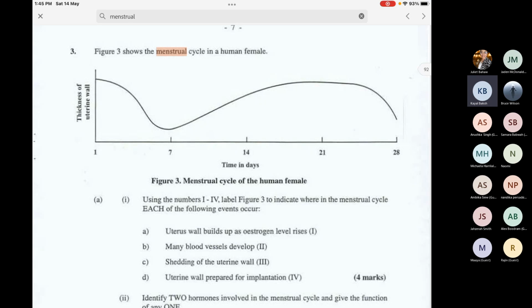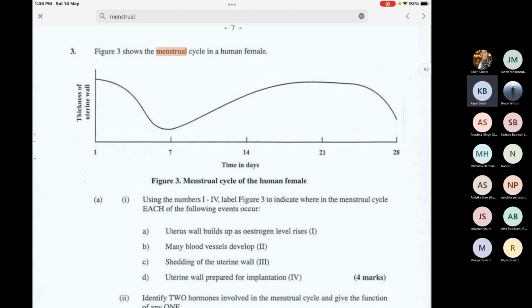Part C, shedding of the uterine wall. Day 5, miss. Right, so you see in this window here at the beginning, you're seeing the wall decrease, the thickness decrease. So you go at day 5, and that will be the shedding of the uterine wall. And you won't get it wrong if you put day 3, because remember it's periods.